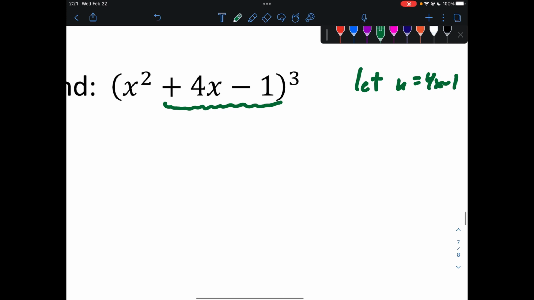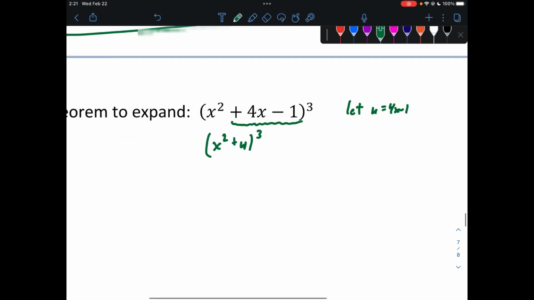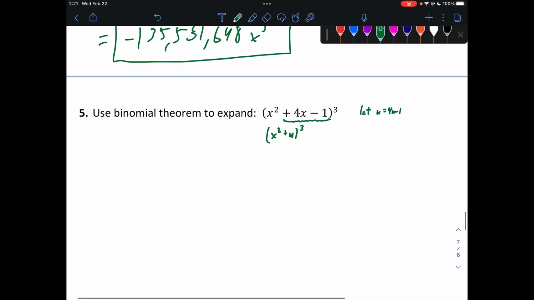So now my problem becomes x squared plus u cubed. Okay? So now my coefficients are 1, 3, 3, 1 from the Pascal's triangle earlier today, or you can use the binomial theorem, which is actually what it tells us to do.